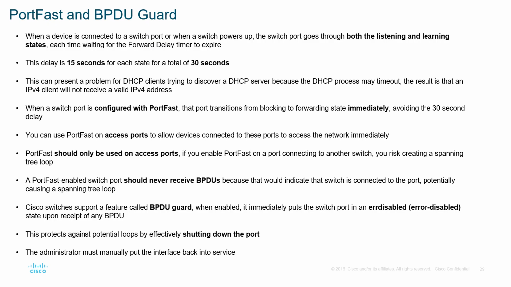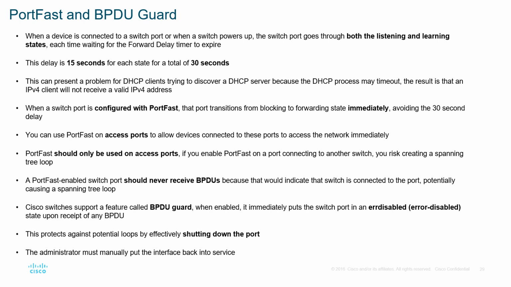So again, PortFast should only be used on access ports. If you were to enable it on a port connecting to another switch, you risk creating a spanning tree loop. So a PortFast enabled switch port should never receive BPDUs, because that would indicate that a switch is connected to the port, potentially causing that spanning tree loop.